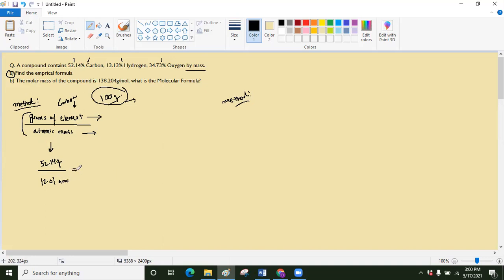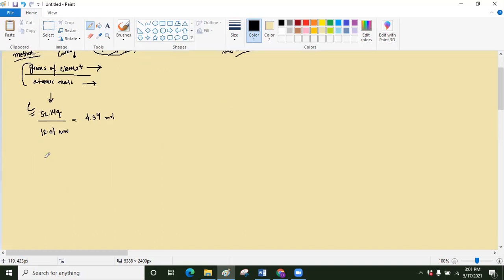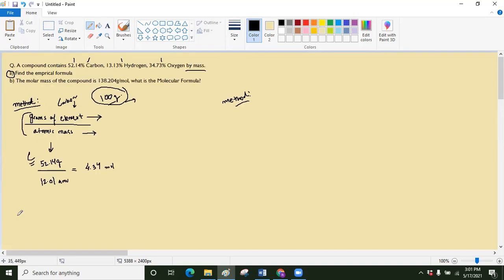If you do this division here, you would get 4.34, and this unit would be in terms of moles. We have no idea why yet, but I'll tell you why in a bit. You did that for carbon.